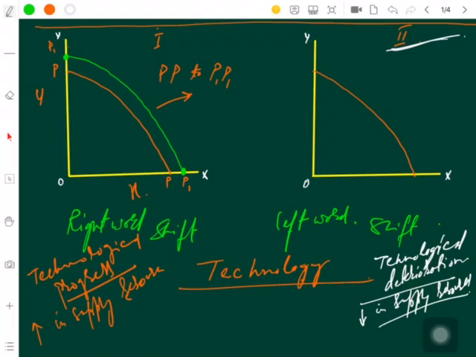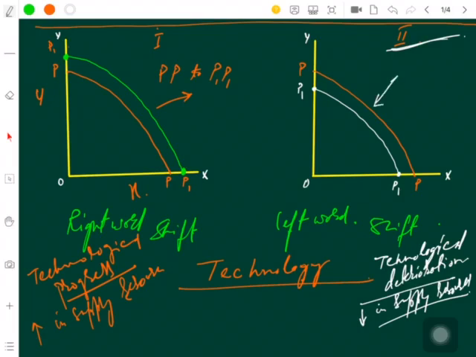We will now be able to produce less of X and less of Y. So our PP curve in the second case will shift to P1, P1, and our production possibility curve will be like this.